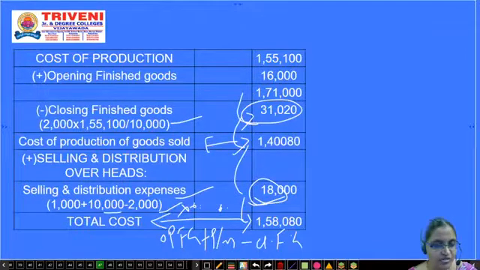So the number of units sold you first calculate: opening finished goods units 1,000 plus production 10,000 minus closing finished 2,000. You got 9,000 into 40 paise, that means 18,000. With adding up the cost of production of goods sold, you got 1,58,080. It was treated as the total cost.